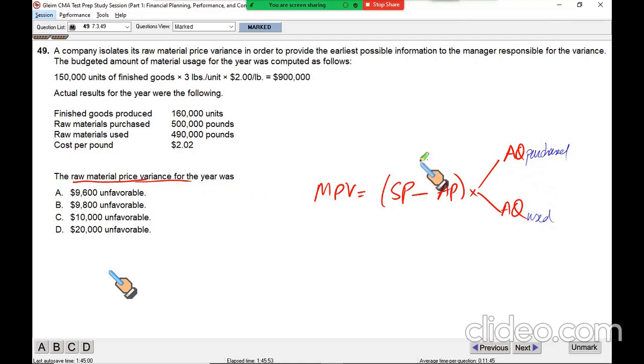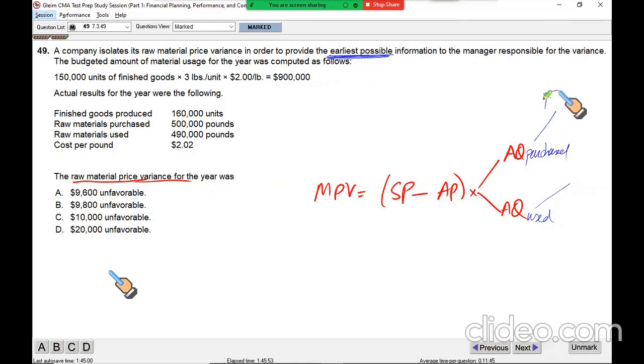Let us read the information carefully. A company isolates its raw material price variance in order to provide the earliest possible information. We need the information as early as possible. Now, if we need the variance information as early as possible, can we get this using the purchase price variance or the usage variance? Do we purchase first or do we use first?